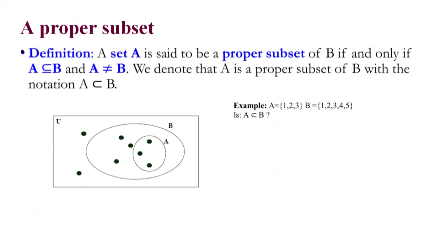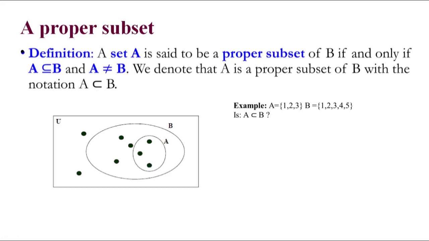Now we'll see the proper subset. A set A is said to be a proper subset of B if and only if A is a subset of B and A is not equal to B. If these two are satisfied, then we can say A is a proper subset of B. We denote it with the notation A ⊂ B. If you mention a line below this, then it's a subset; if you don't mention the line, then it's a proper subset.